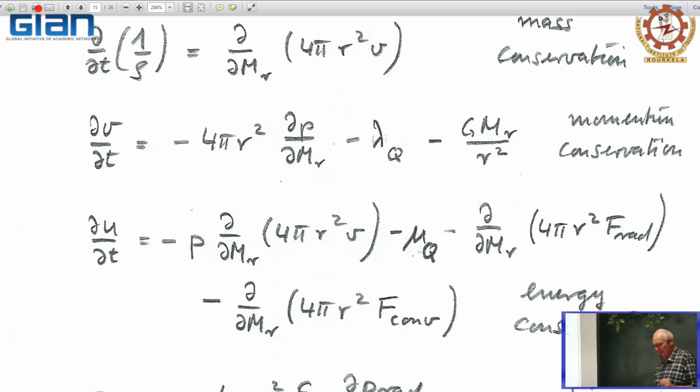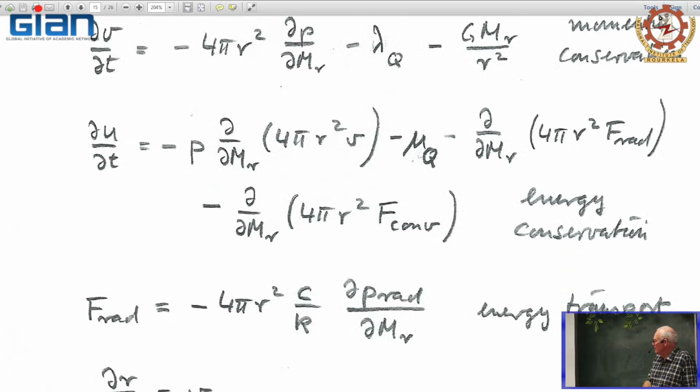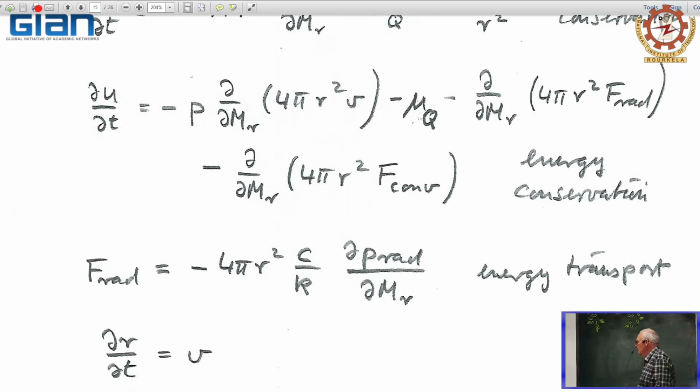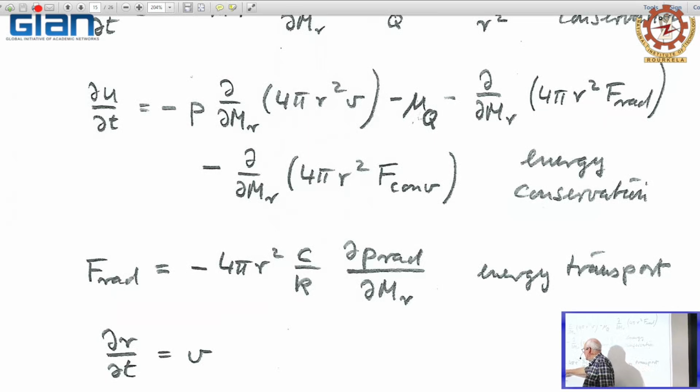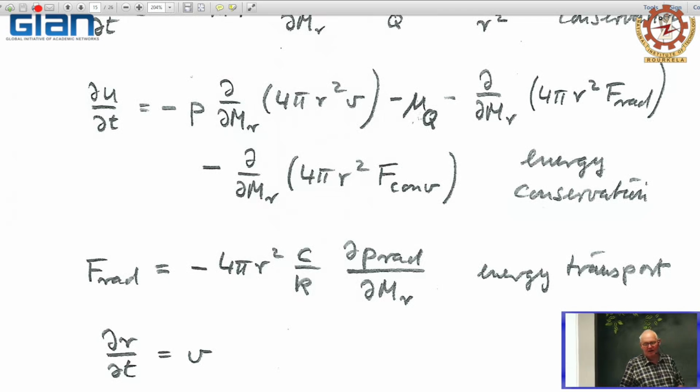Then we have the energy transport, and we write it in terms of the gradient of the radiation pressure. The radially transported part of the energy flux is given by the gradient of the radiation pressure times the diffusion constant involving the opacity kappa.